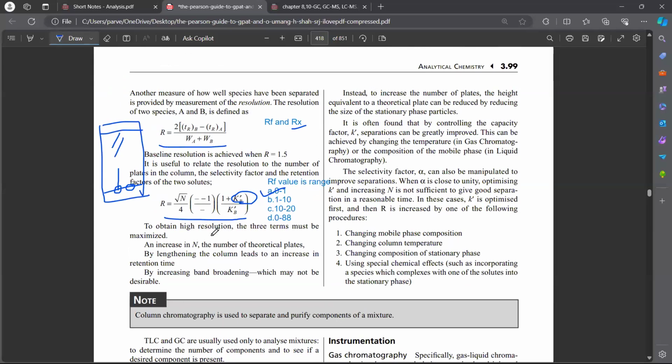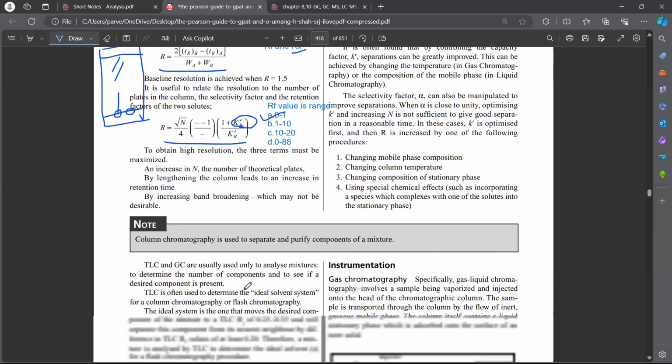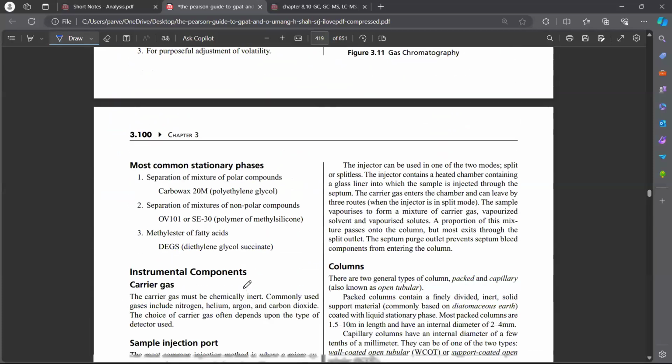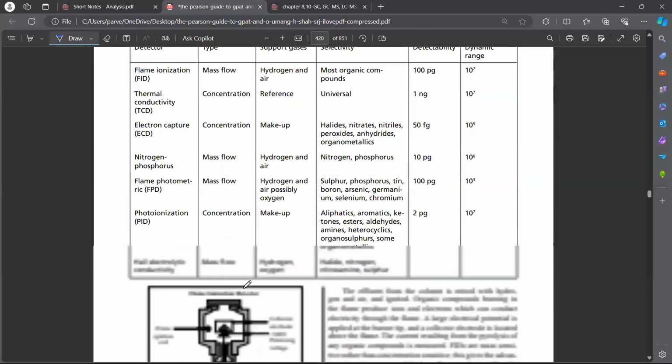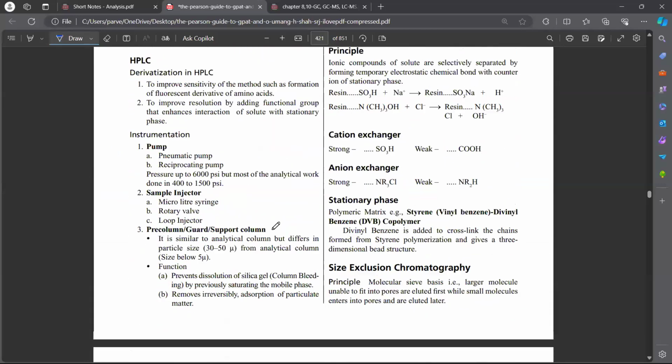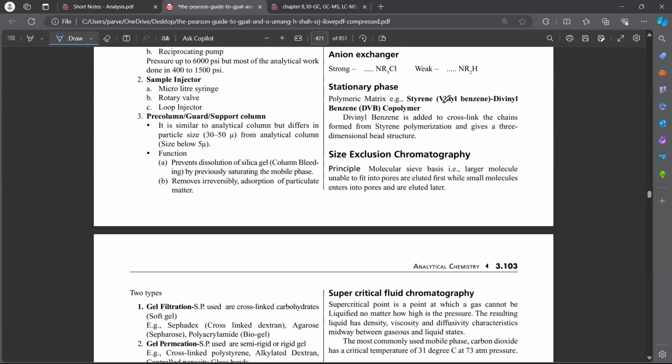One minute, guys. Before starting HPLC and GC, I will try to complete the smaller chromatography techniques. Let us first discuss size exclusion chromatography.